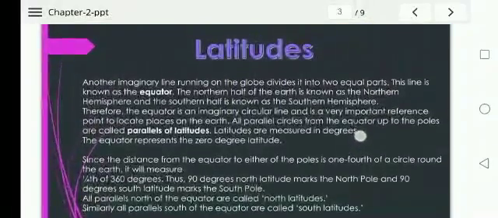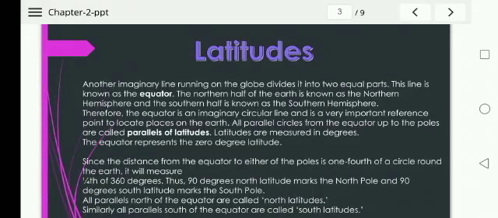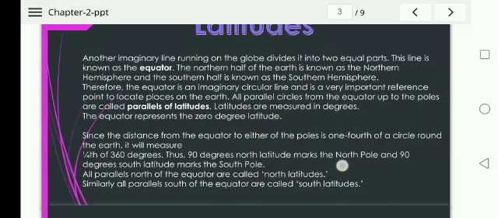Now the next is latitudes. Another imaginary line on the globe divides it into two equal parts. This line is known as the equator.